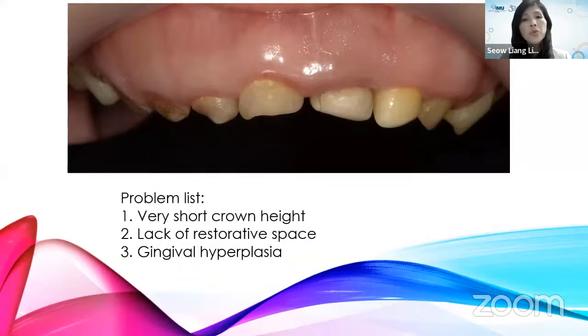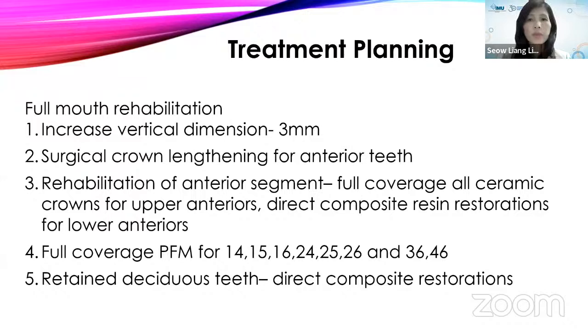So how do we do the treatment plan for this case and execute it step by step? The treatment plan is that she needs a full mouth rehabilitation. And to be honest, I explained to her, I really don't know how long it will last. She's still relatively young, so we try to go minimally invasive, at least that will last her for 10, 20 years.